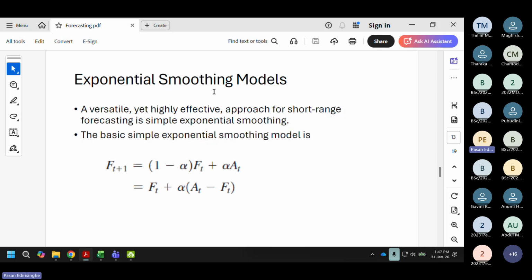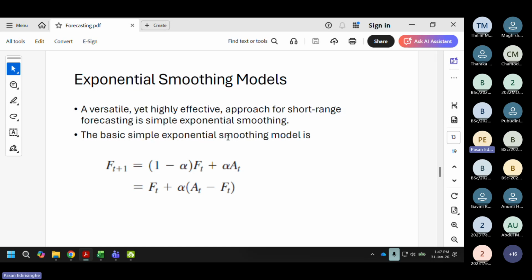Now this is another technique we can apply other than the moving average technique. Both moving average and exponential smoothing are actually smoothing techniques.